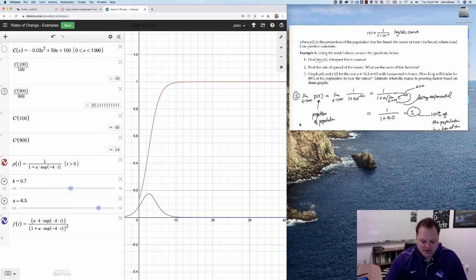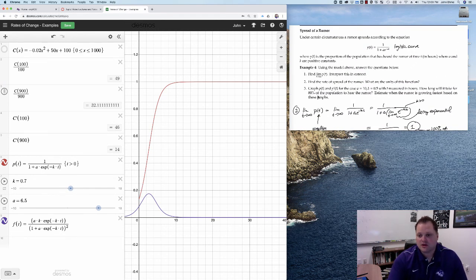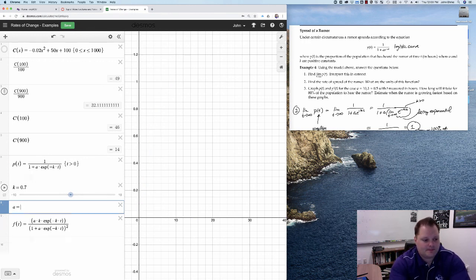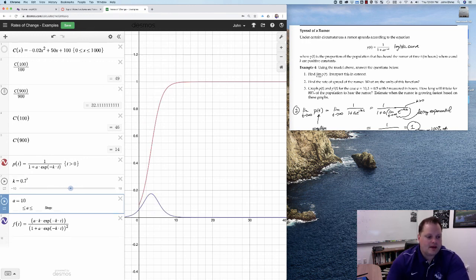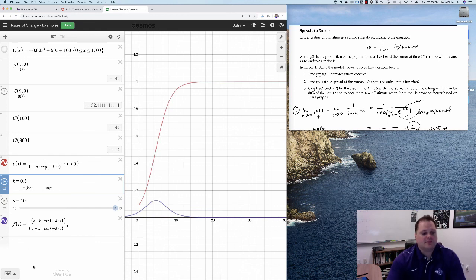So the last question that was asked here, which we've kind of already answered, is to graph this for the case a equal 10 and k equal 0.5. So let's do a equal to 10 and k equal to 0.5. Okay. How long will it take for 80% of the population to hear the rumor?